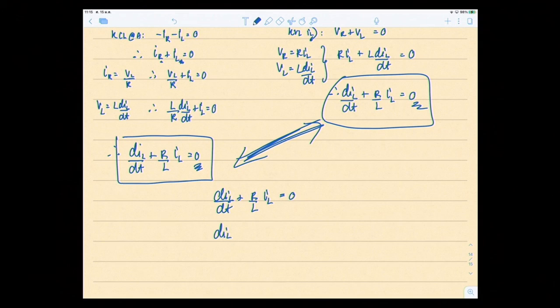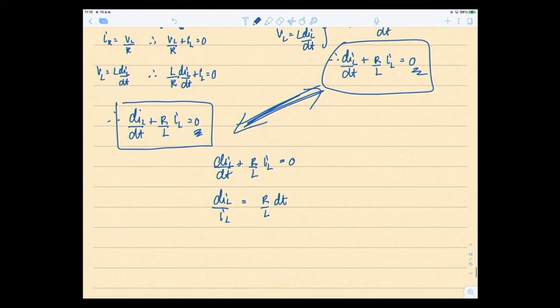IL is one variable, and the other variable is the time t. So dIL over IL equals minus R over L dt. Oh, I forgot the minus. Integrate both sides from 0 to t.